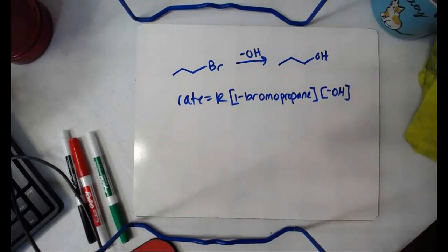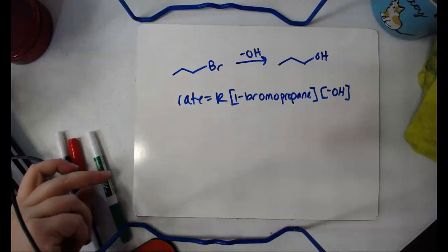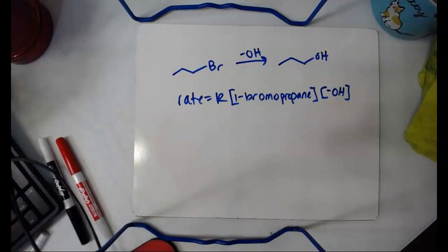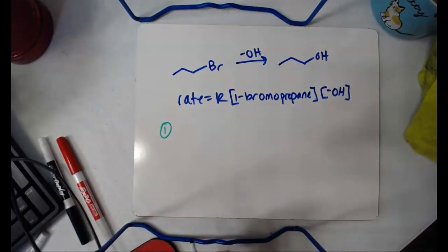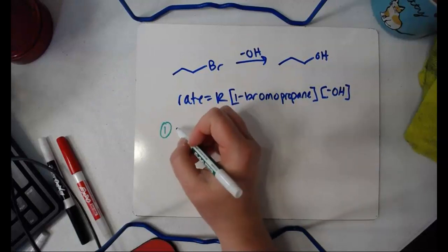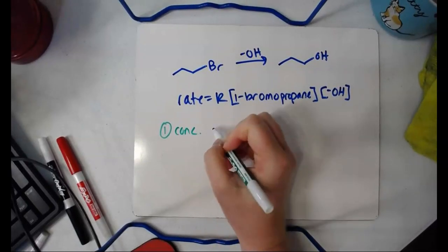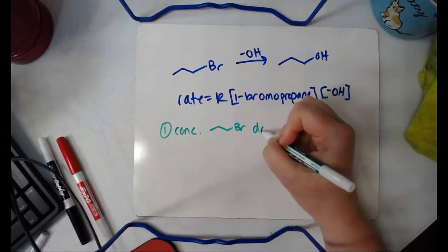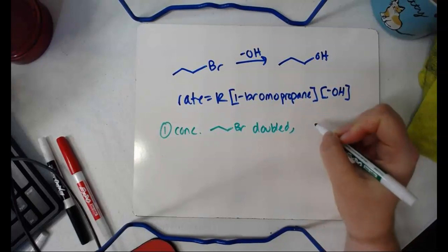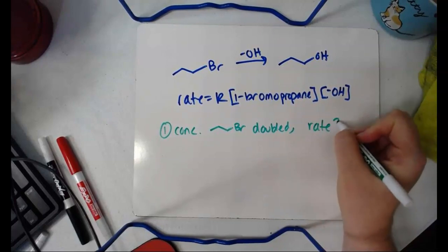So we're going to look at two different changes that could occur in this. The first one is, what will happen to the rate if we double the concentration of our substrate? So if the concentration of our 1-bromopropane is doubled, what will happen to the rate?